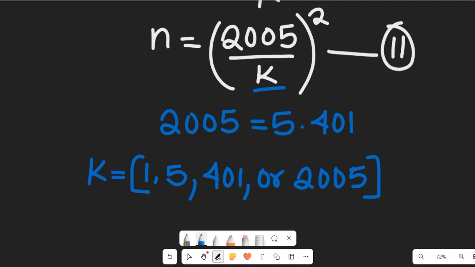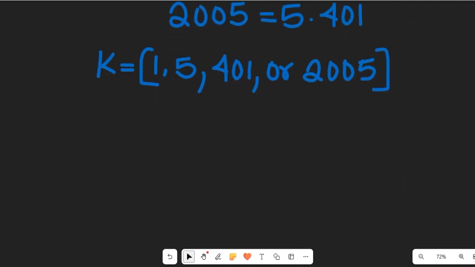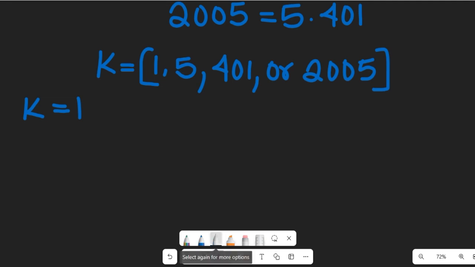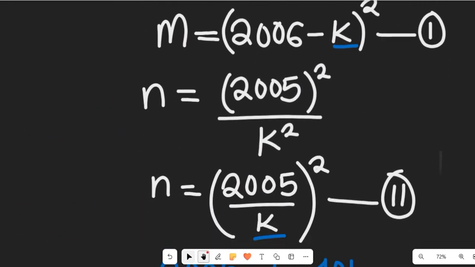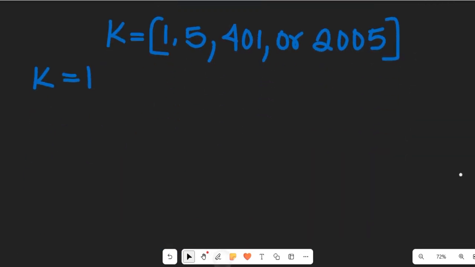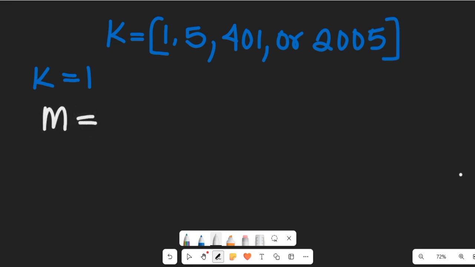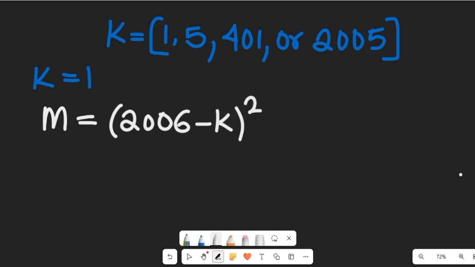Now let's try that. For the first expression, we're going to consider the value of our k to be equal to 1. Now if k is equal to 1, then considering equation 1, recall that my m is equal to 2006 minus k all squared.